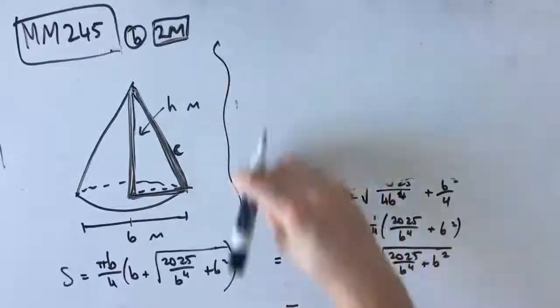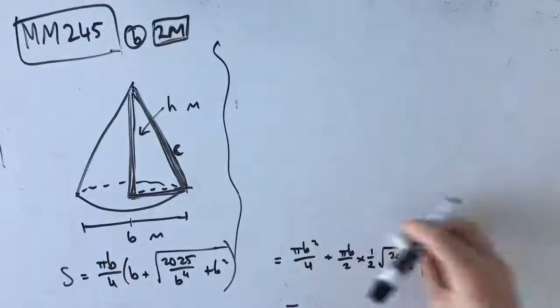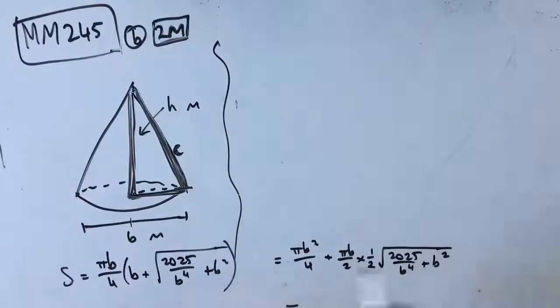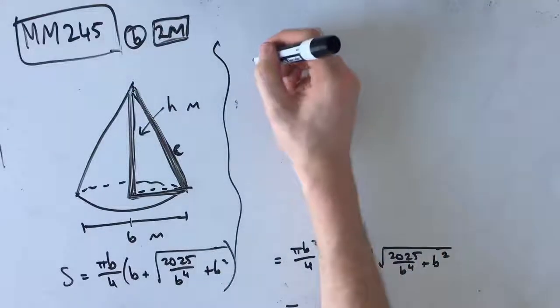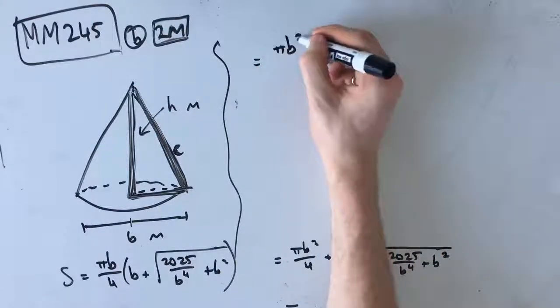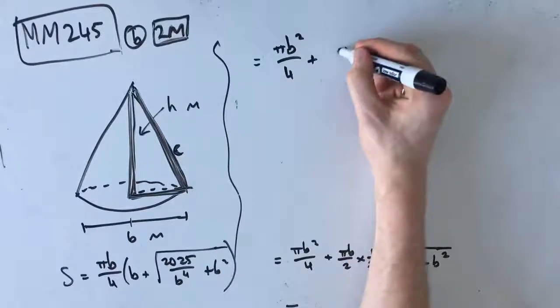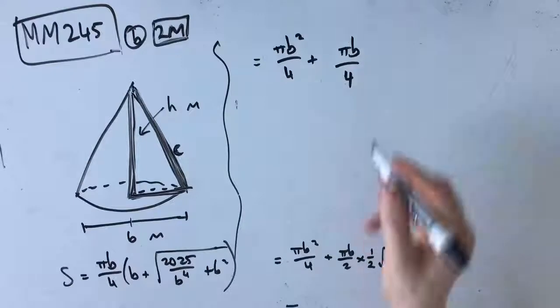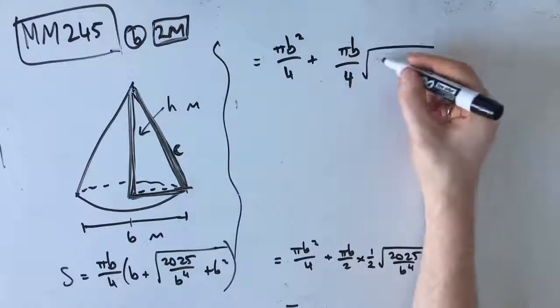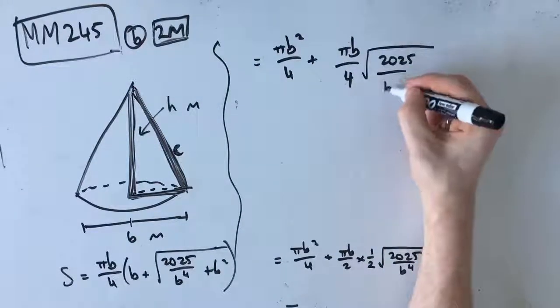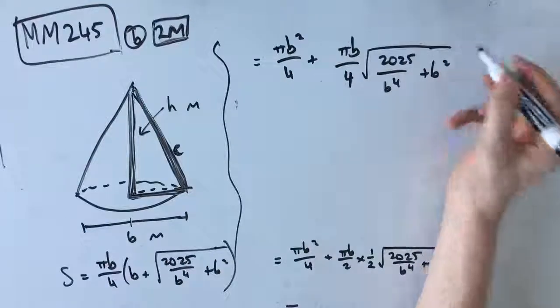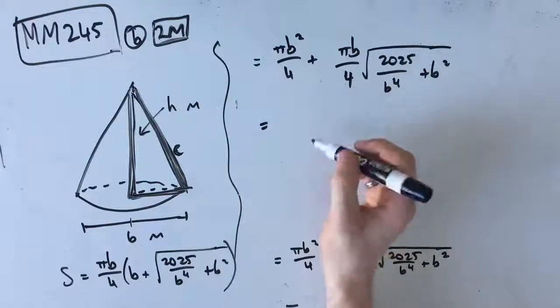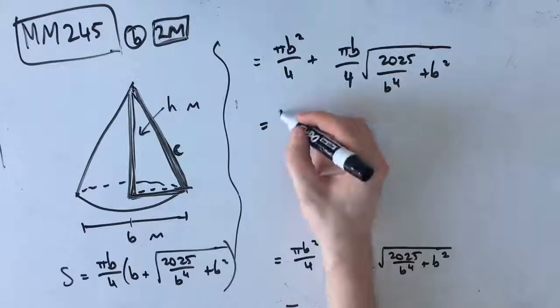Then from here, we're pretty much looking like what we want our answer to look like, but I'm just going to do 2 more lines of working. We're going to get πb²/4 plus πb/4, so πb/2 times 1/2 is πb/4, times the square root of 2025/b⁴ plus b². Sweet. Now, we have a common factor between these two of πb/4.